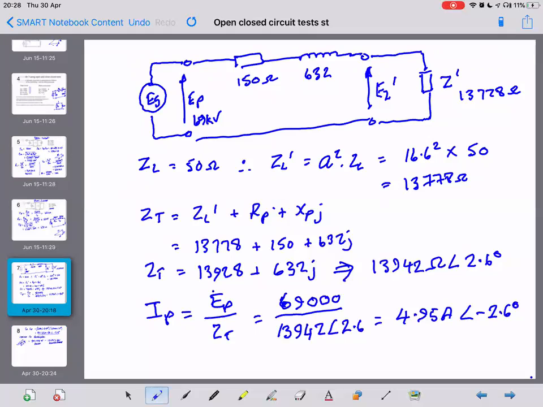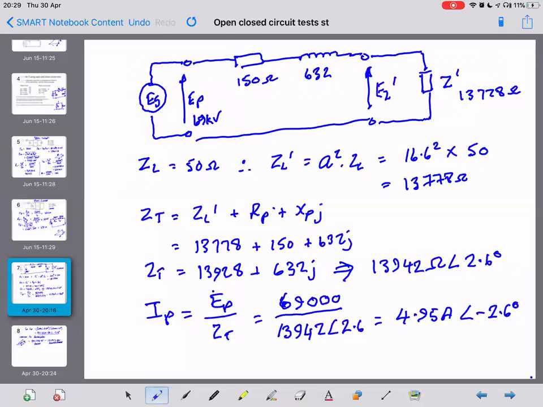So my recommendation is you find out what E2 dash is, and then convert that voltage and this primary current back to its secondary value, and then use them to find S in the secondary in the same way as we've done in the primary.